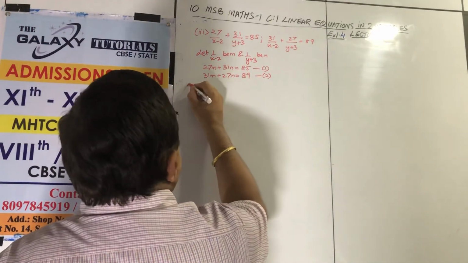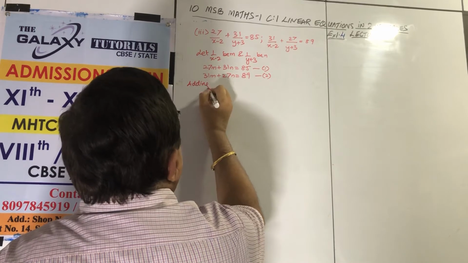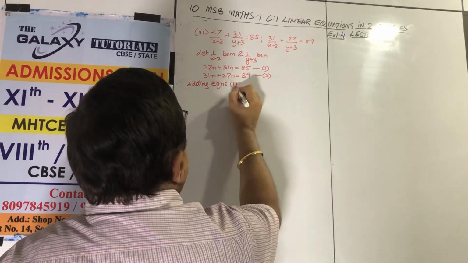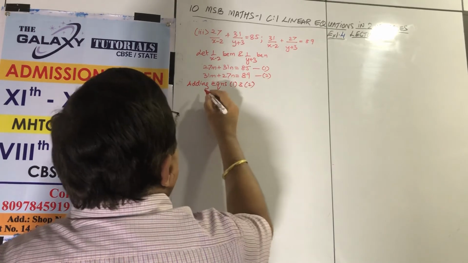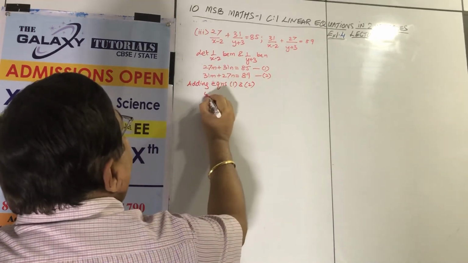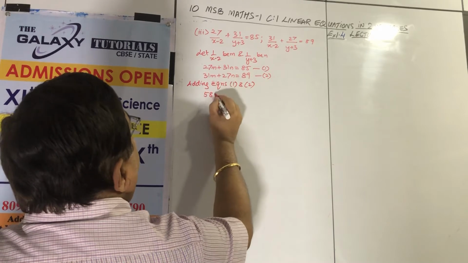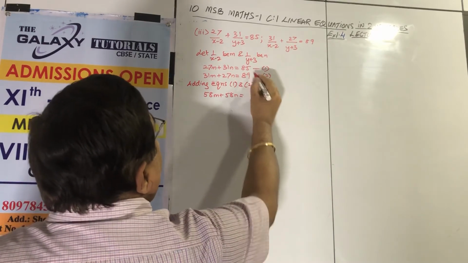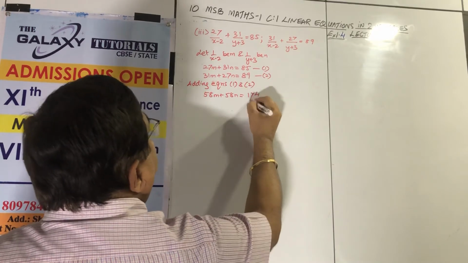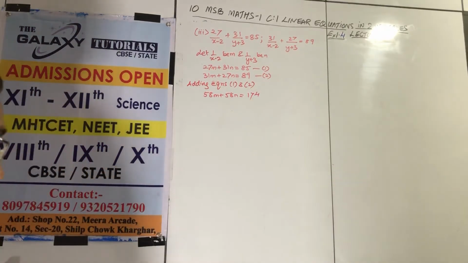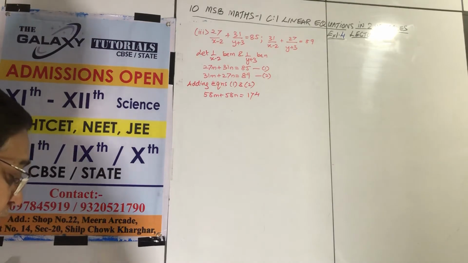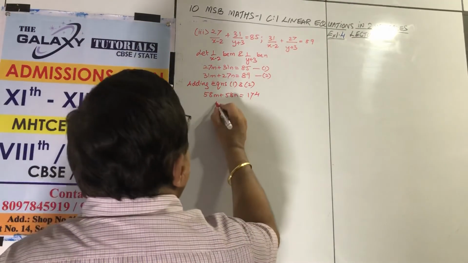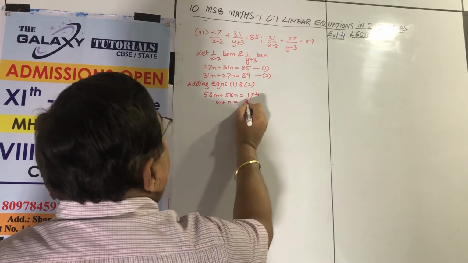So, first adding equations 1 and 2. I get, when I add, 58m plus 58n is, okay, and I divide by 58 all the sides, and I will get m plus n is equal to 3.